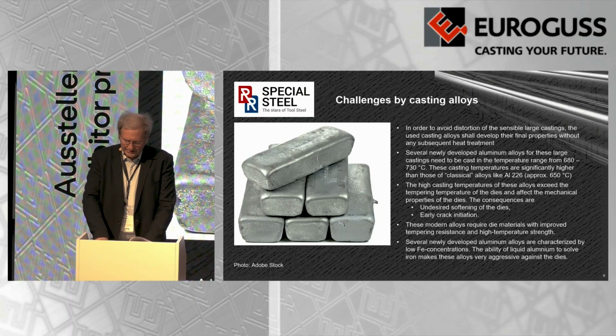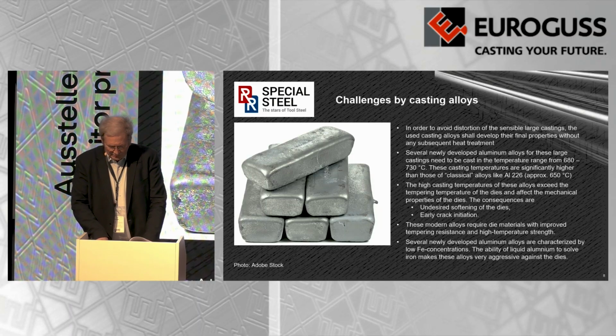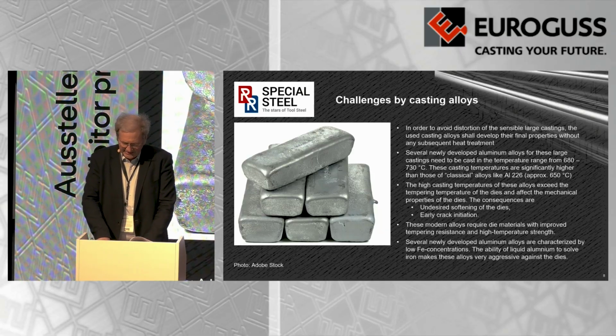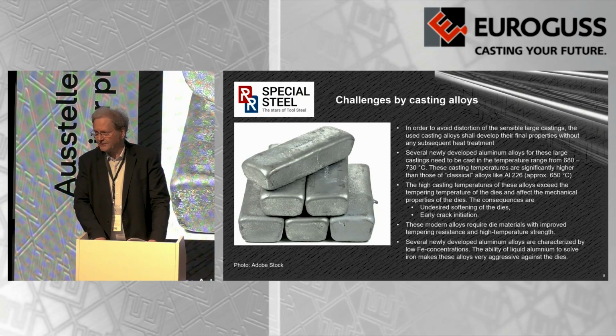Among these new aluminum alloys, a few are characterized by a low iron concentration. And these develop a chemically aggressive behavior against the die steel because liquid aluminum has the unpleasant characteristic that it dissolves steel.